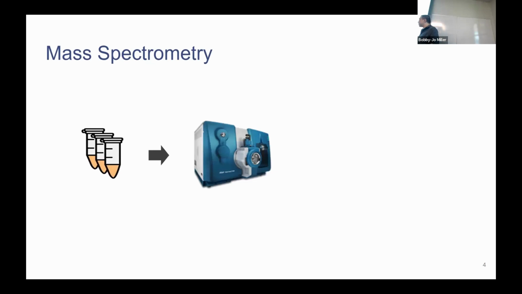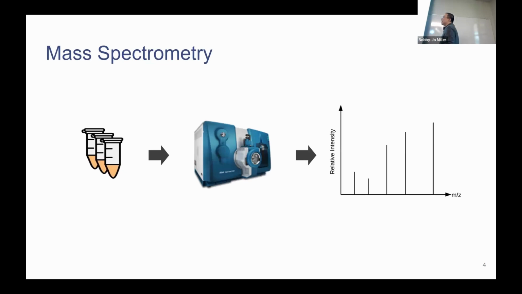Then you put those 3 tubes inside this blue and white blocky machine. Now another magic happens, and you get this graph. The graph essentially has a y-axis called relative intensity, and an x-axis called m/z. I'm going to give a detailed example later, but for now, it's just a bunch of numbers.